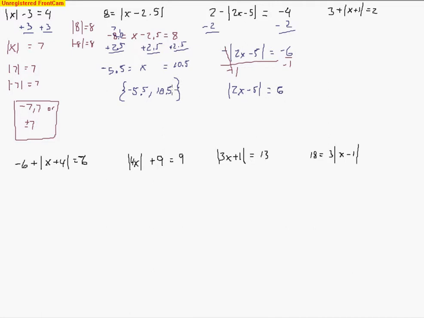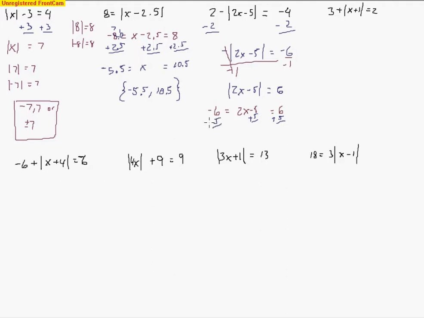So now I'm ready to solve. Remember, just like the last one, there's two values we could put in place of that 2x minus 5 to equal 6. See, it could either equal 6 or negative 6 inside the absolute value bars. So that's why I'm going to set that 2x minus 5 equal to both of those values. When I solve this, I'm going to add 5 to all sides.